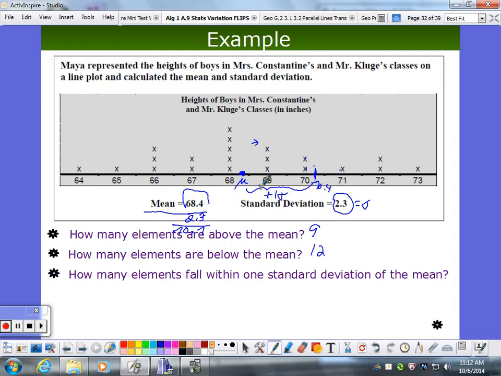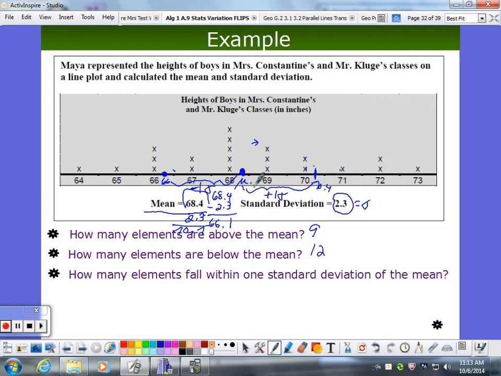Now, is that 1 standard deviation from the mean? Because you could be on this side of it as well. So you're going to take the 68.4 and subtract a standard deviation. 66.1. So somewhere over here. That's if you subtract a standard deviation.